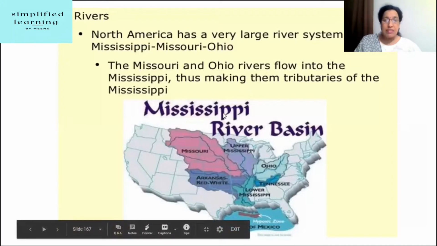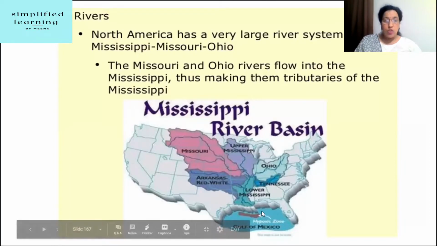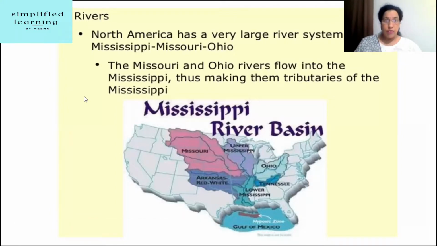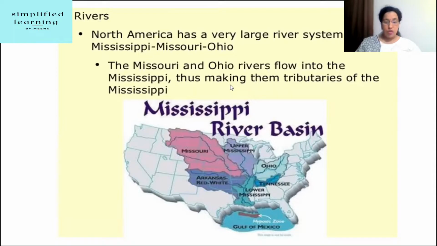Now, this is the Mississippi River basin. So these rivers flow into Gulf of Mexico. North America has a very large river system known as Mississippi, Missouri, Ohio. The Missouri and Ohio rivers flow into the Mississippi, thus making them tributaries of the Mississippi, and together they open into Gulf of Mexico. Clear? The Mississippi Missouri rivers form the largest river system in North America.